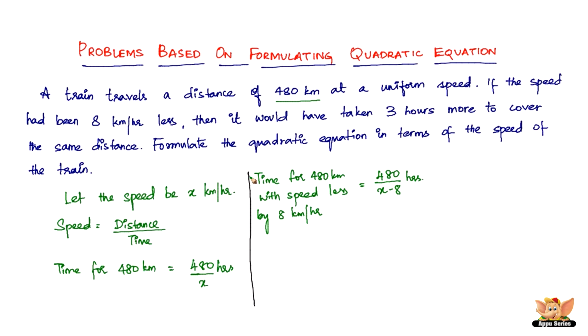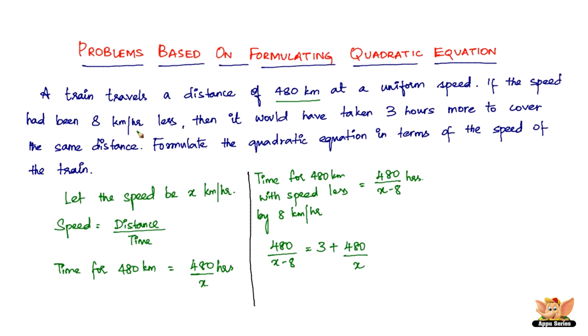So the time 480 divided by x minus 8 would be equal to 3 hours more than the usual time. Please note this down, very important. We need to make an equation out of this statement.